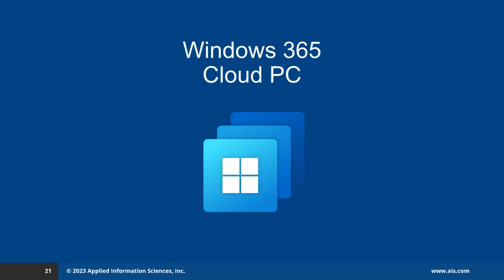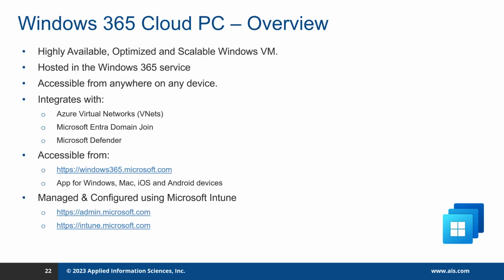All right, next we're going to talk about Windows 365 Cloud PC. The biggest change with Windows 365 Cloud PC is that it's a highly available, optimized, and scalable Windows VM. It's hosted in the Windows 365 service, which is a service that Microsoft provides that allows you to essentially have a Windows PC in the cloud that you can use for anything.